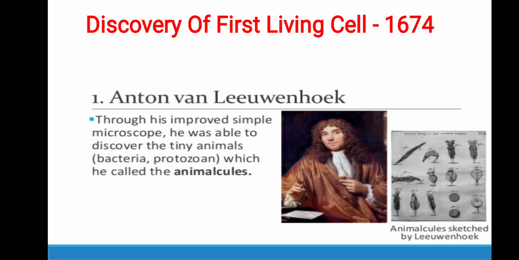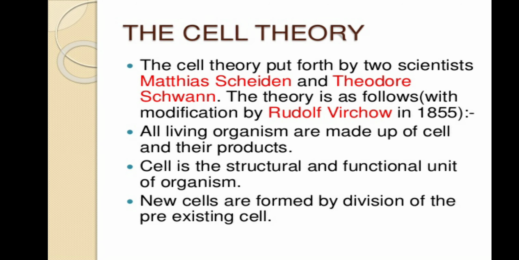So the first living prokaryotic cell was discovered by Anton van Leeuwenhoek in 1674, and later on in 1831 Robert Brown discovered the nucleus.